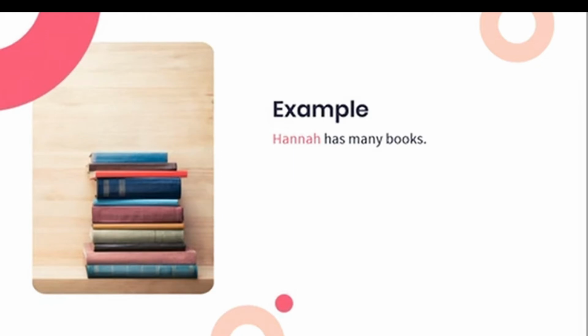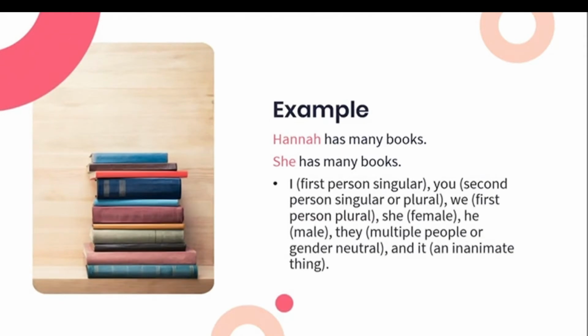Since Hannah is the subject of the sentence, we can replace the name Hannah with the subject pronoun she, changing the sentence to she has many books. She is the female subject pronoun, and we use it in this case because Hannah is a woman. Other subject pronouns are I, you, we, he, they, and it.